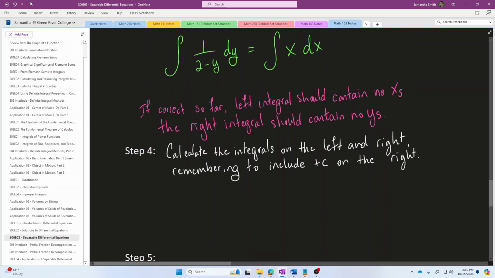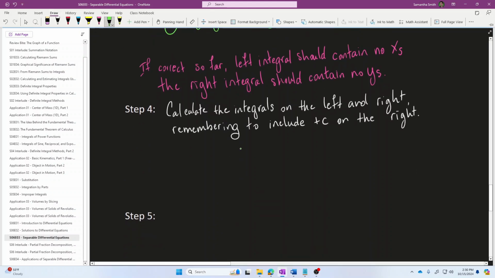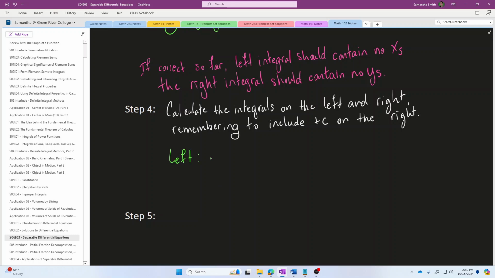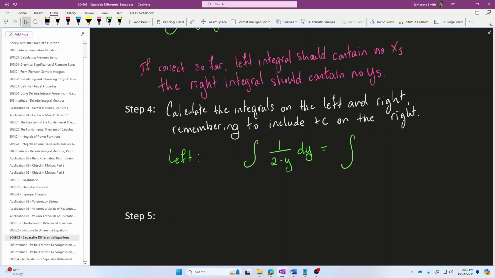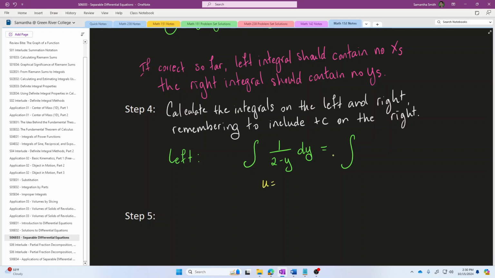So in the context of our running example, the left integral is the integral of 1 over 2 minus y dy. And this is something that I could integrate, for example, using a u substitution. I could let u be equal to this denominator so that du was equal to negative dy.